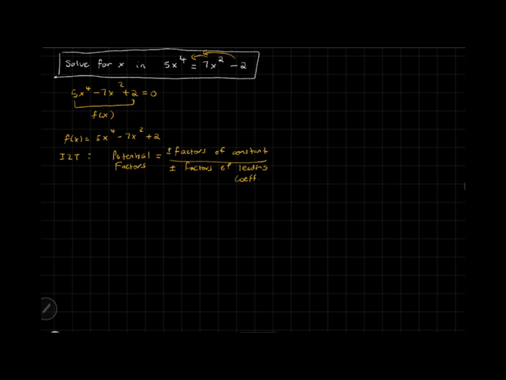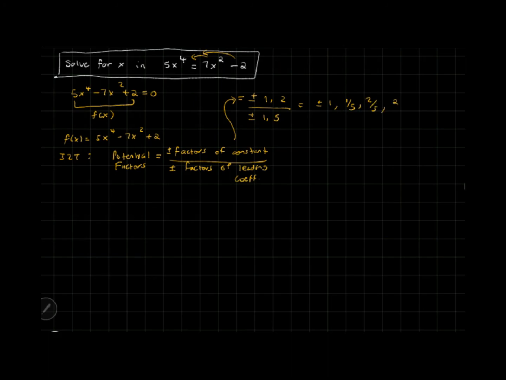So this is basically going to give us plus minus factors of the constant, which is 2, so 1 and 2, over the leading coefficient, plus minus 1 and 5. So some of our potential factors are plus minus 1, 1/5, 2/5, and 2.